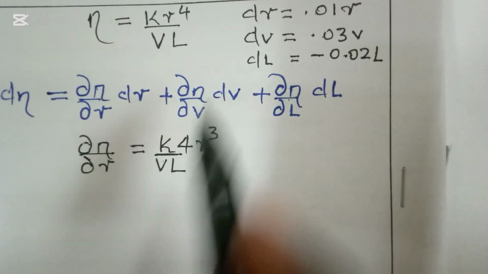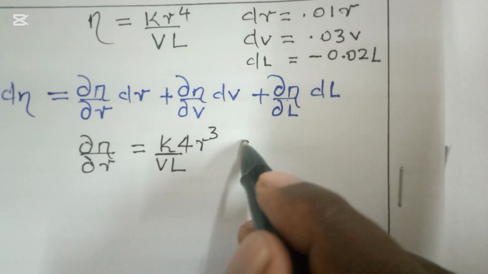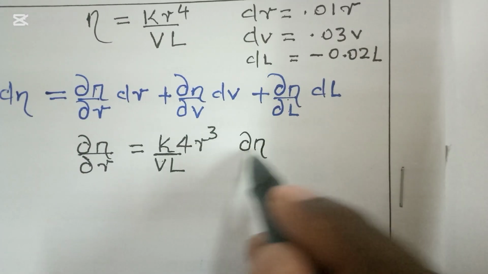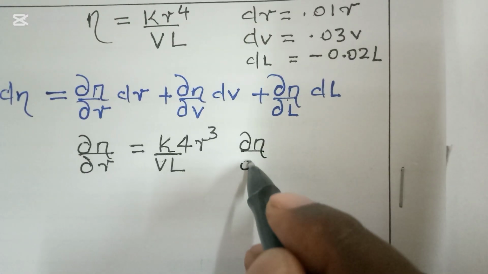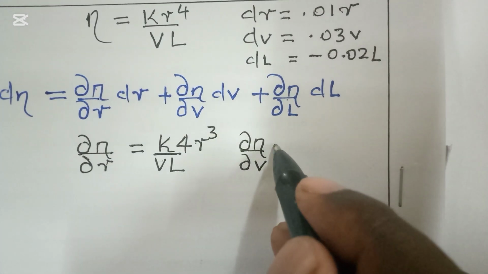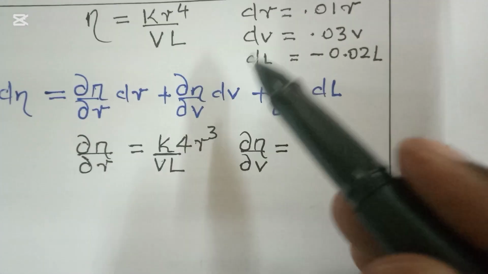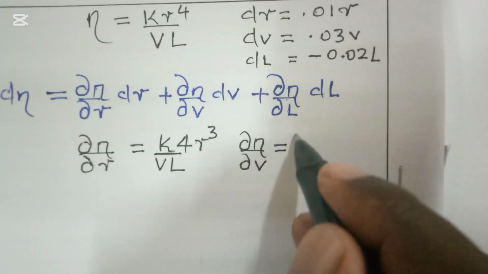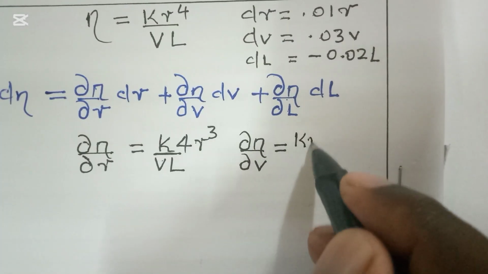Then we go to the next one, the partial derivative of eta with respect to V. You first of all write the constants.